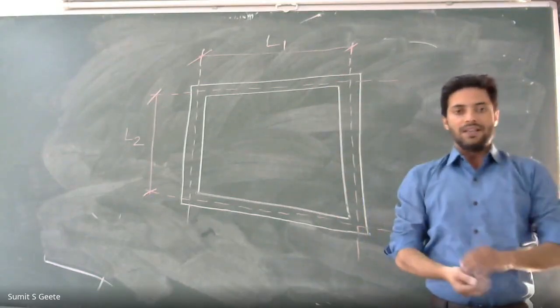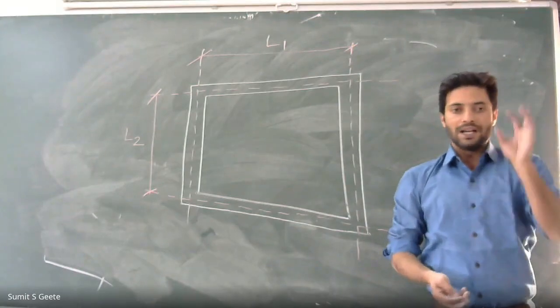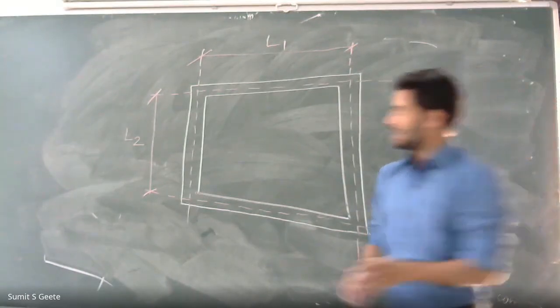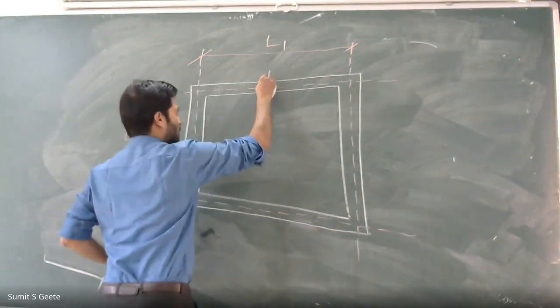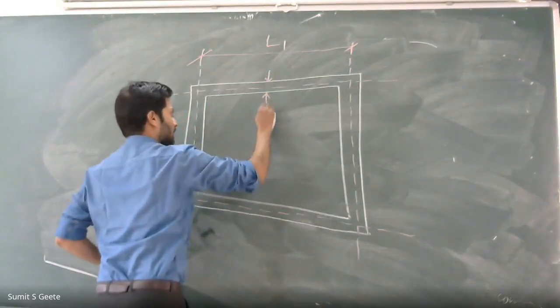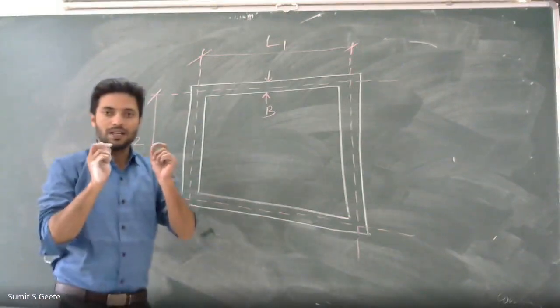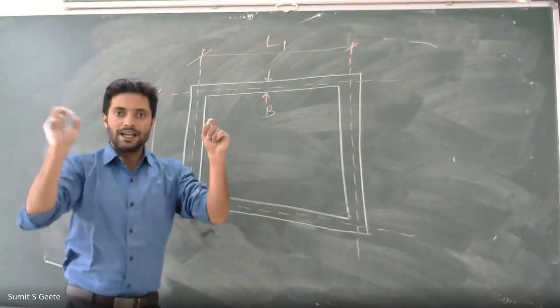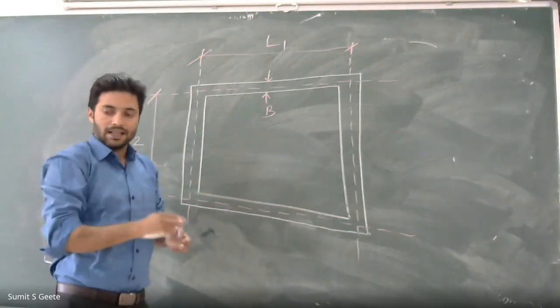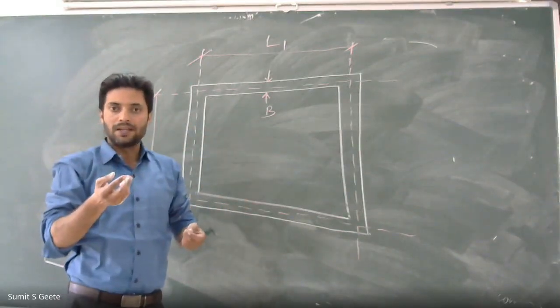Now in this method, we are considering the center line to center line. It means that suppose the width of wall is B. Now I want to calculate the area of all the panels. How am I going to calculate the area of all the panels on the basis of center line?